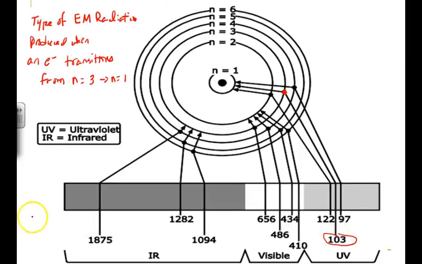These are wavelengths. Wavelength of 103 nanometers. So that information's up here, and that falls into the ultraviolet range. So when an electron transitions from 3 to 1, follow the arrow, it's in the ultraviolet range.